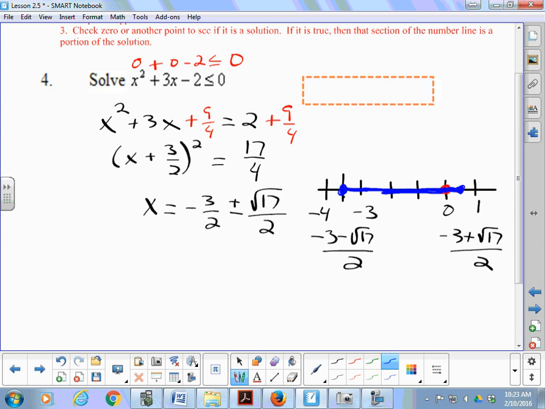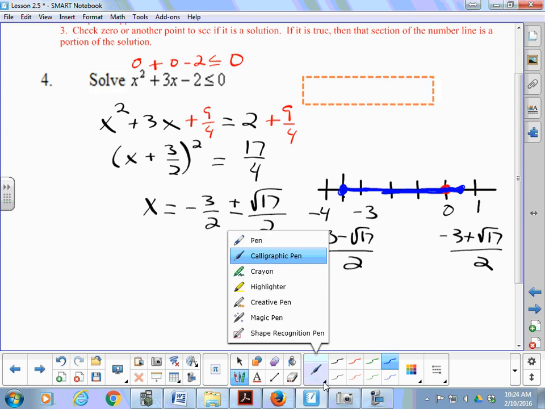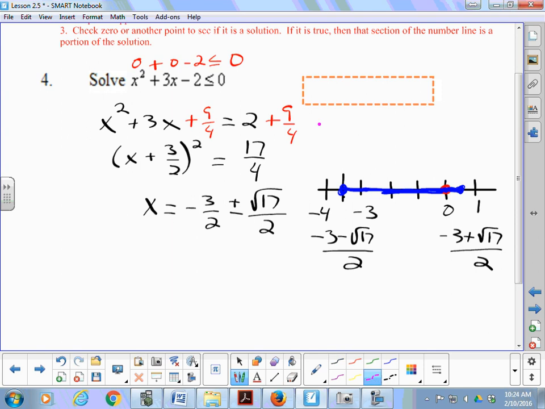What do you think might cause an exception? The exception would be if the coefficient of x squared is negative, then things reverse. Instead of the graph opening up, here's what this graph looks like.